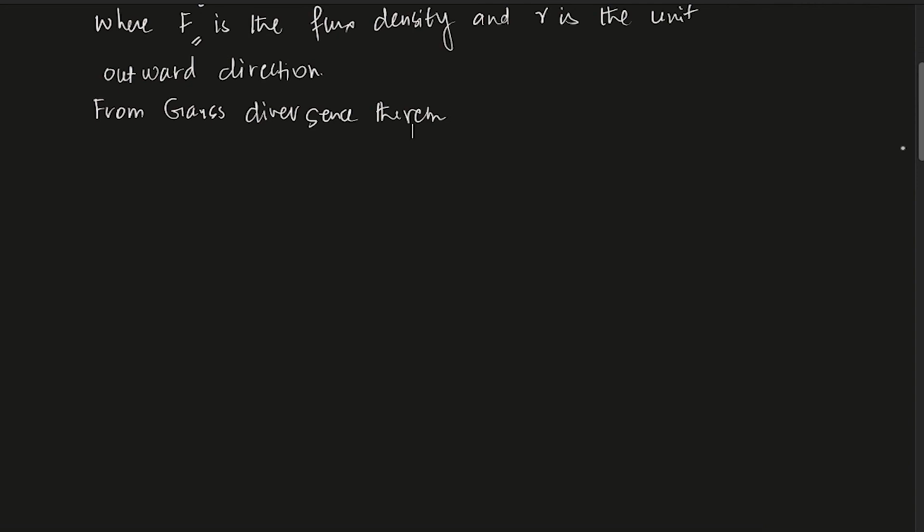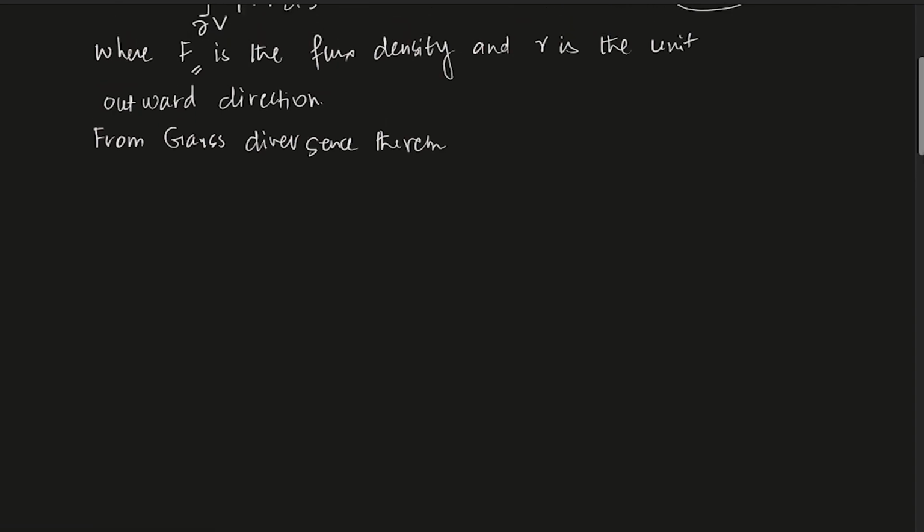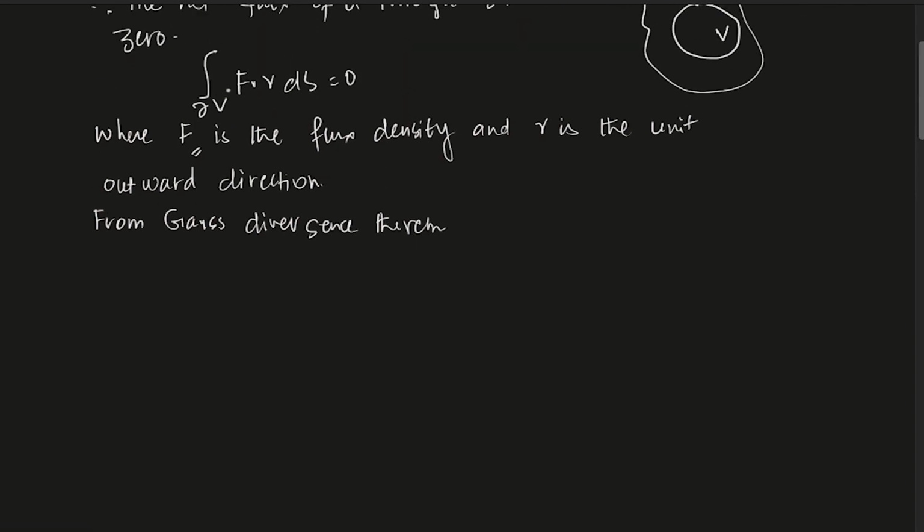We are going to use that. So the integral over del V of F dot gamma dS is zero, then by Gauss divergence, the integral over V of the divergence of F dx equals the integral over del V of F dot gamma dS, and that is going to be 0.